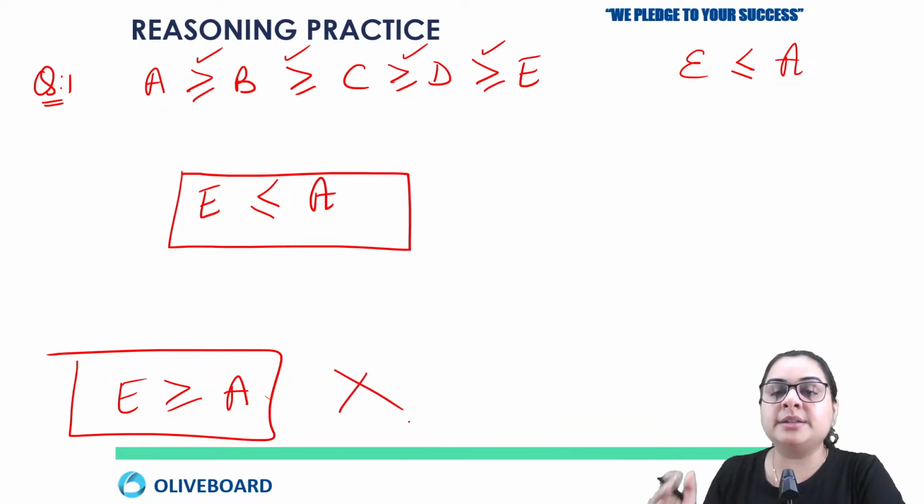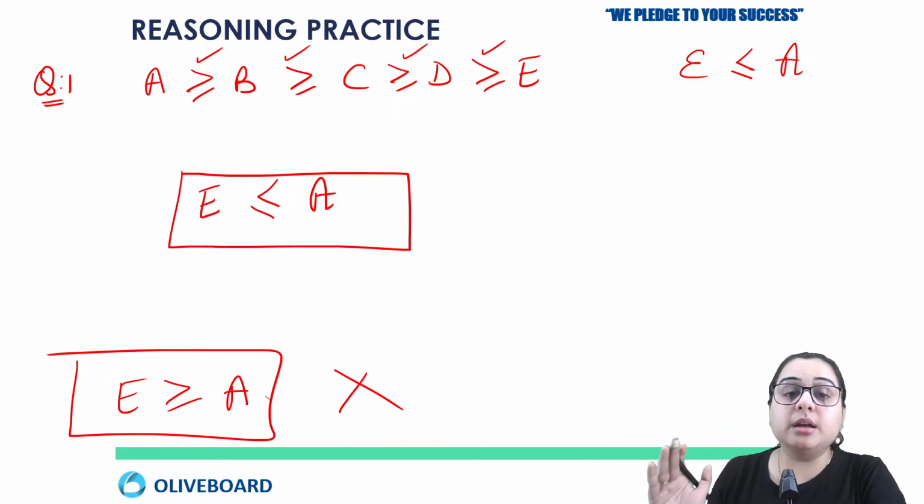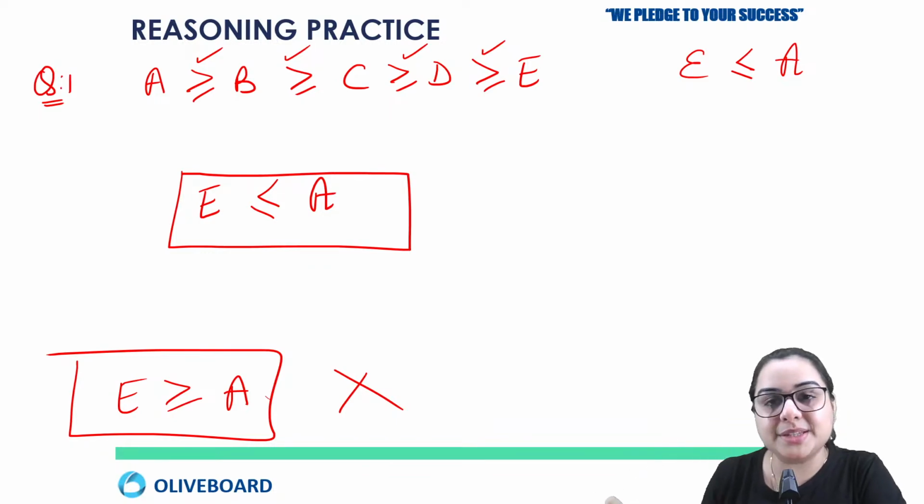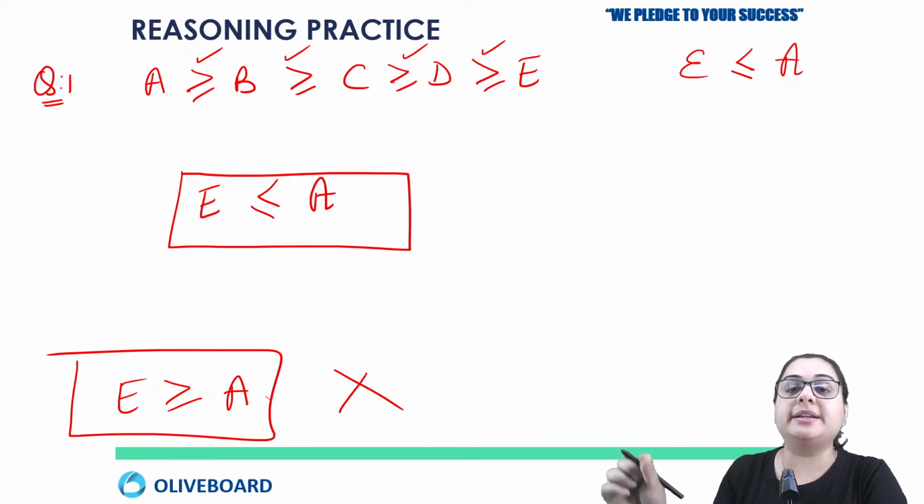That's why it is always recommended that you see towards which variable the sign is pointing greater. The sign is open towards the variable which is greater and closed towards the variable which is smaller. One more thing, we have to see the sign, but always see it is greater towards which variable.